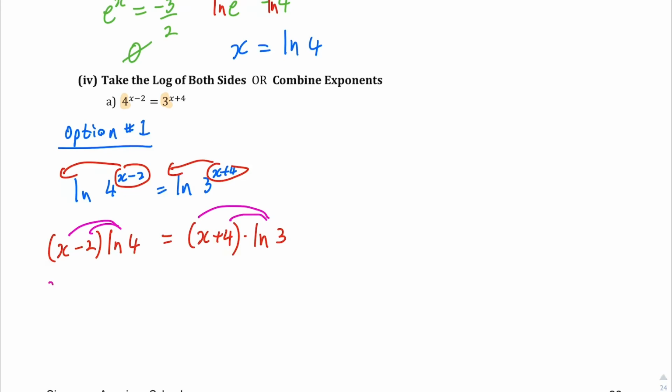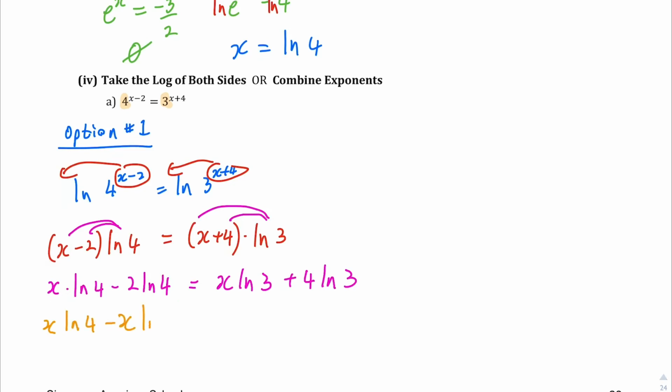Okay, and so I'm going to do a little bit of distribution. X multiplied by ln of 4 minus 2 ln of 4 is equal to x ln 3 plus 4 ln 3. And essentially now what I'm trying to do is isolate the x's. And so I'm going to do a little bit of rearranging. X ln 4 minus x ln 3, and I'm going to move this term to the right-hand side. So 4 ln 3 plus 2 ln 4.